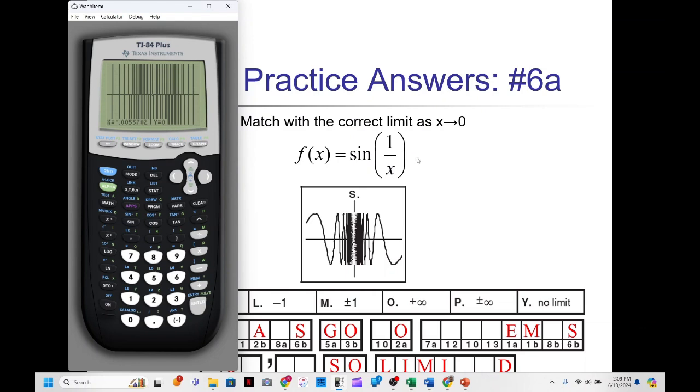So let's think about what's actually happening here. As x gets closer and closer to 0, the value of this whole fraction that you're plugging in becomes much, much, much bigger. So we're getting up to like 10,000, 100,000, a million, a billion, whatever's above that. And you're taking the sine of all these. Now remember, sine basically just keeps taking you around a circle, telling you all the different y values at different angles around the circle.